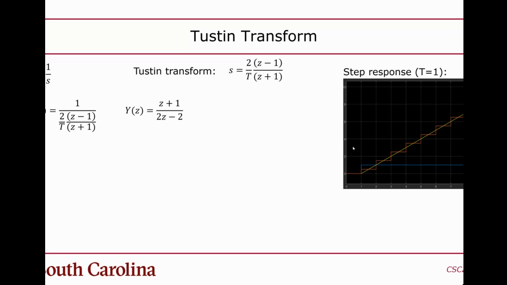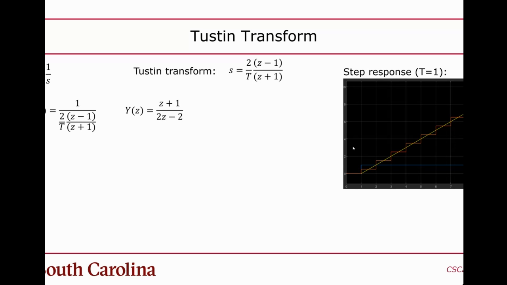So for example, if you have a transfer function of y of S equals 1 over S. Now, what's 1 over S? Oh, that's the integral. That's an integrator. Okay, so I expect it to behave like an integrator, right?